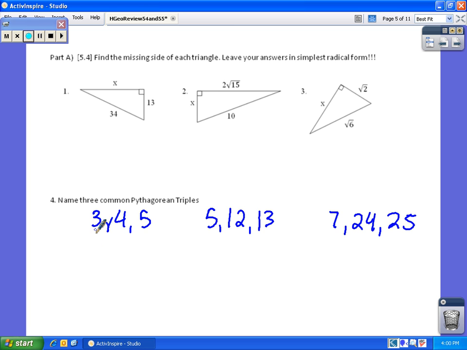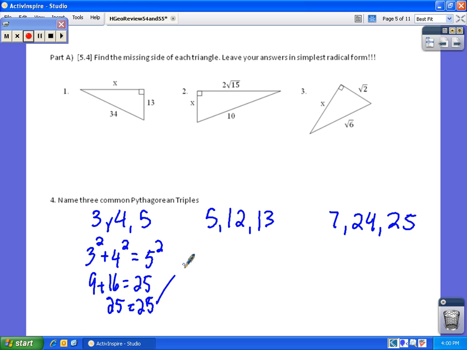To show that it's a Pythagorean triple, you could show that 3 squared plus 4 squared is equal to 5 squared. So it is indeed a right triangle. And remember, any multiple of a Pythagorean triple is also a Pythagorean triple. So if I took the Pythagorean triple 5, 12, 13, and multiplied all 3 of them by 2, I could find another Pythagorean triple.